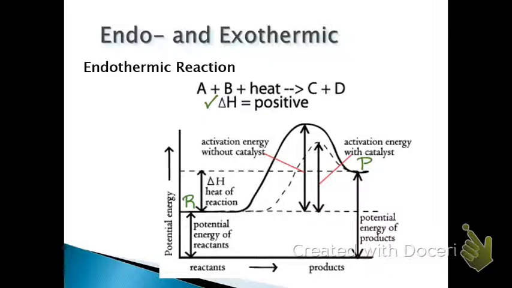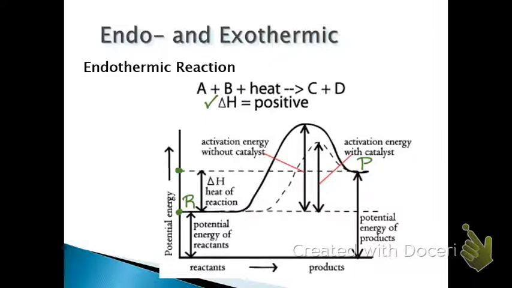So this position right here is representing the energy content stored in the bonds of my reactants. And this position on the y-axis, if you follow that dashed line across, that is the potential energy stored in the bonds of my products.